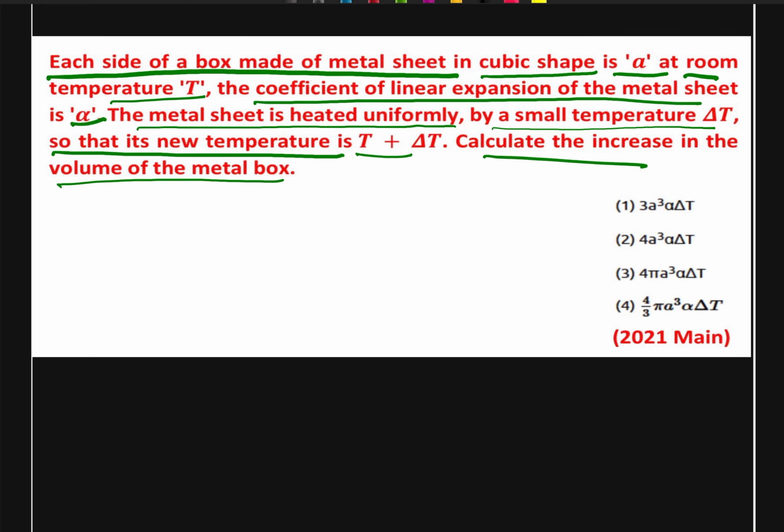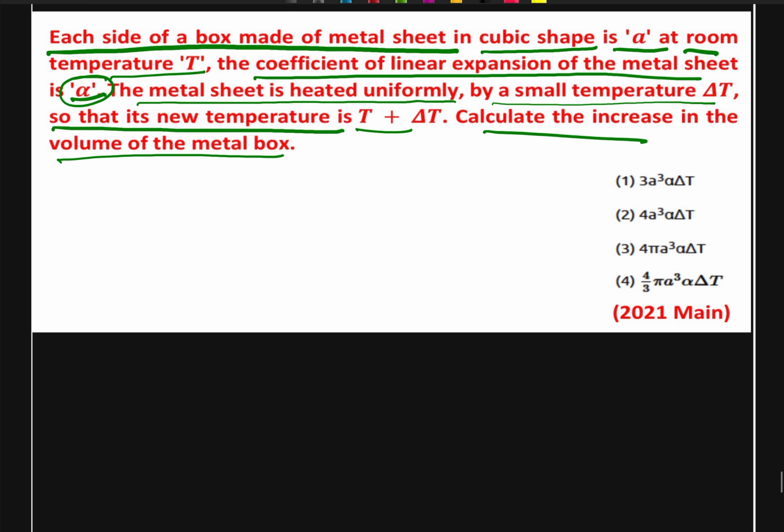So here we should remember that the box is in the form of a cube, so when it expands there will be volumetric expansion, but the metal sheet is given in terms of alpha, the linear coefficient. The relationship between the two is that beta is equal to 3 times alpha. We can also do it using the binomial theorem, which is the more traditional way of doing it.